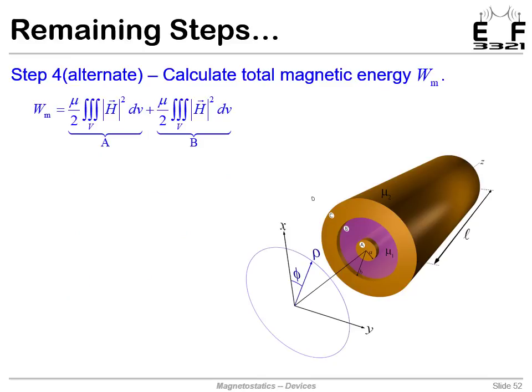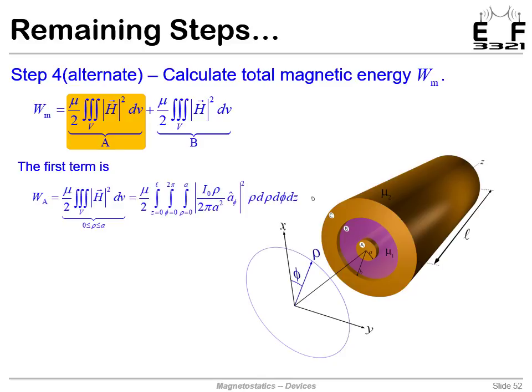So here we are, total magnetic energy. We have to evaluate this integral in both regions A and B. C and D have dropped off. So let's look at this first integral in region A. So what we can do is we can plug in our expression that we found for H, which is in region A. Our differential volume in cylindrical coordinates is rho, d rho, d phi, dz.